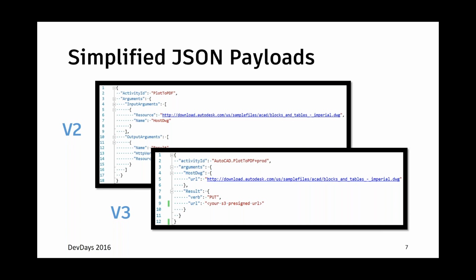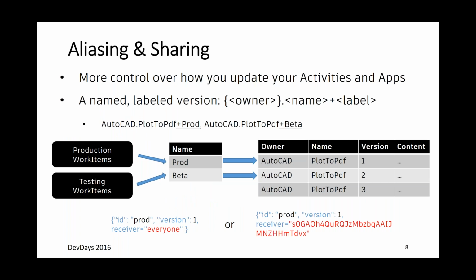Then the result argument has the verb put, so below that is the output URL. This is small, but if you're making lots of these, this does create a simplified payload and hopefully will make your lives a little bit easier. So we're talking about AutoCAD as our engine, right? And plot to PDF as our activity.